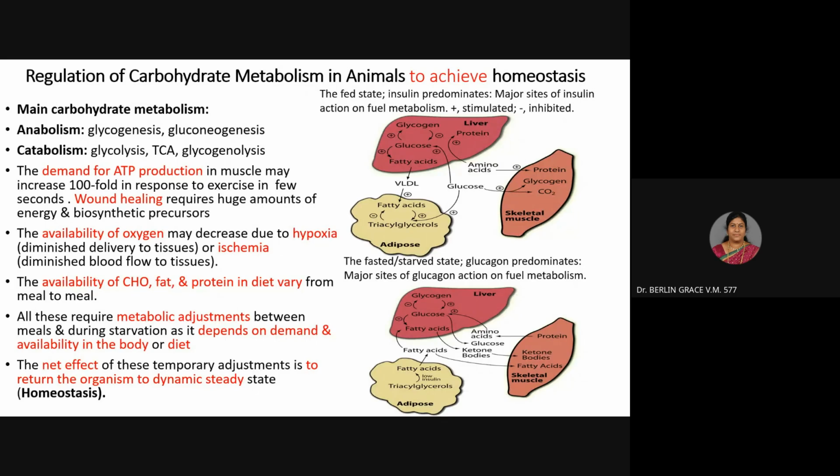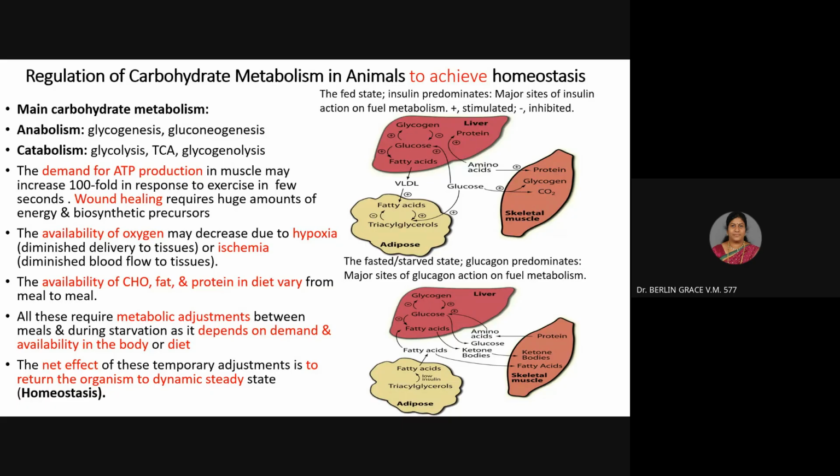Similarly, catabolism, if you look at, in carbohydrate metabolism: glycolysis, you are familiar with that. Then the TCA cycle. Then glycogenolysis, the breakdown of glycogen, that is a catabolism. So these are the main carbohydrate metabolism pathways coming under catabolism and anabolism.